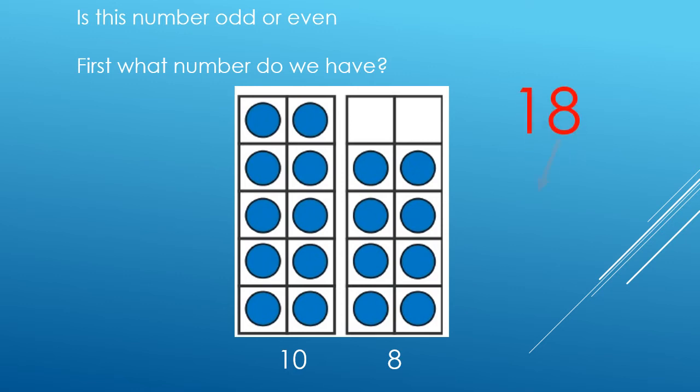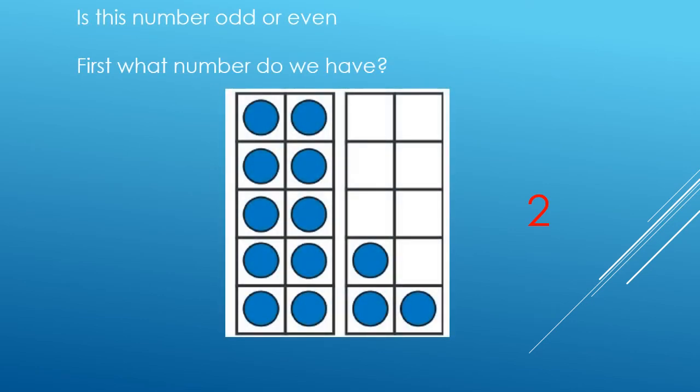The same as what we did with 19, we need to try and split the number 8, the second number, into 2. You could get 8 cubes or 8 sweets and try and split them into 2, or share them between you and another person to see if you get an equal amount. Once you've split 8 into 2, we know that we have an equal number, 4 and 4, which means 18 is even.